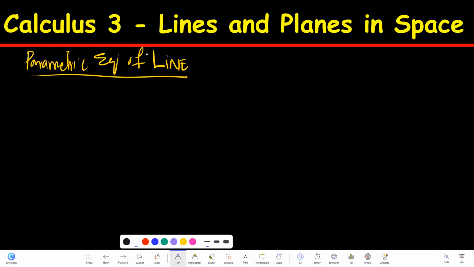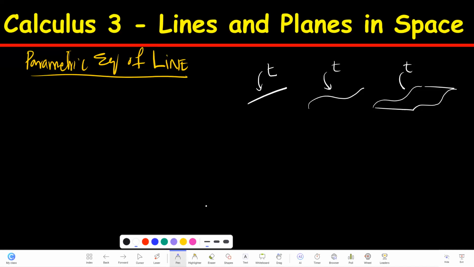My goal is the parametric equation of a line, then curve, and then surfaces. So I'm going to do t from lines, t from curves, and then t from surfaces, one by one. That's our goal this week.